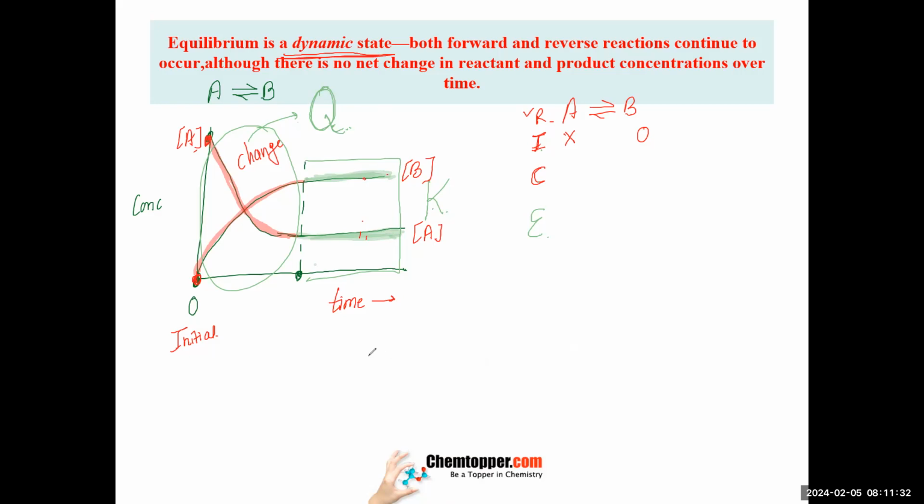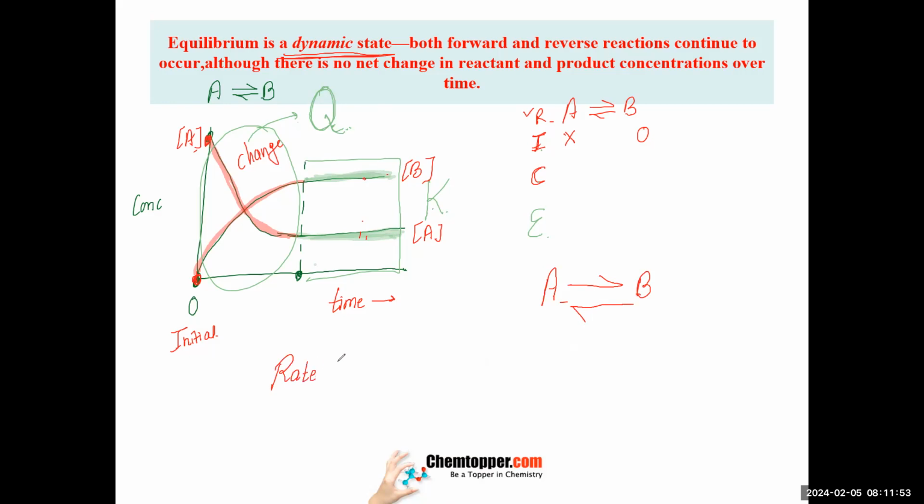It is the state at which the rate of the forward direction, meaning A to B, is equal to the rate of the reverse direction. Rate we have done in kinetics, Unit 7.